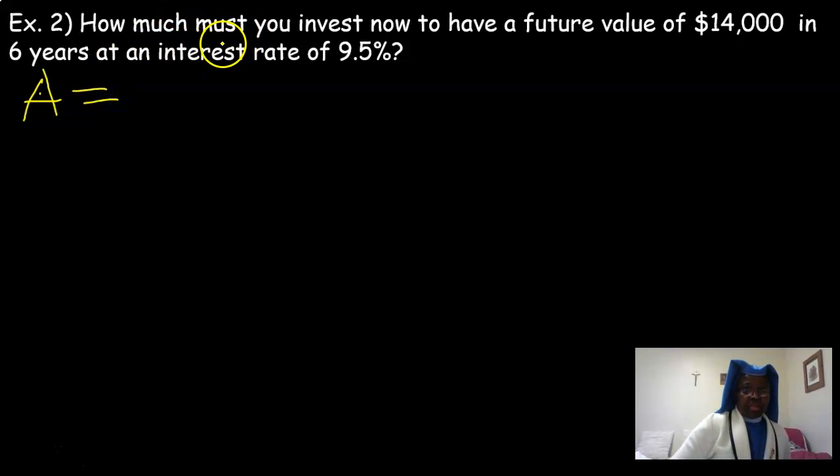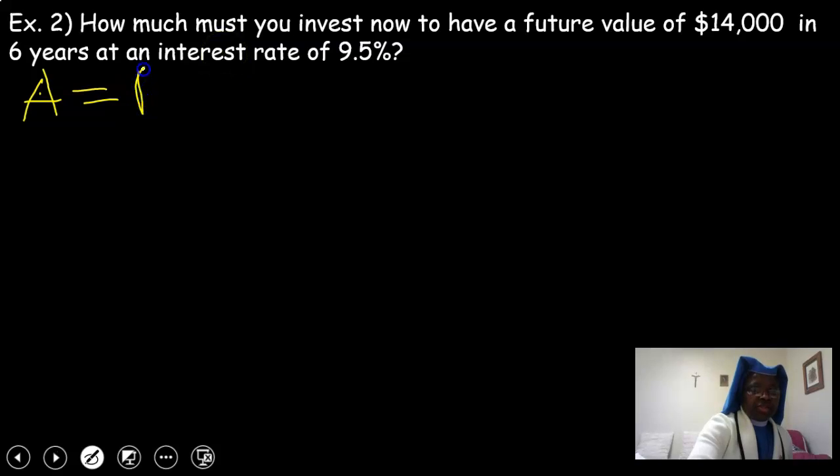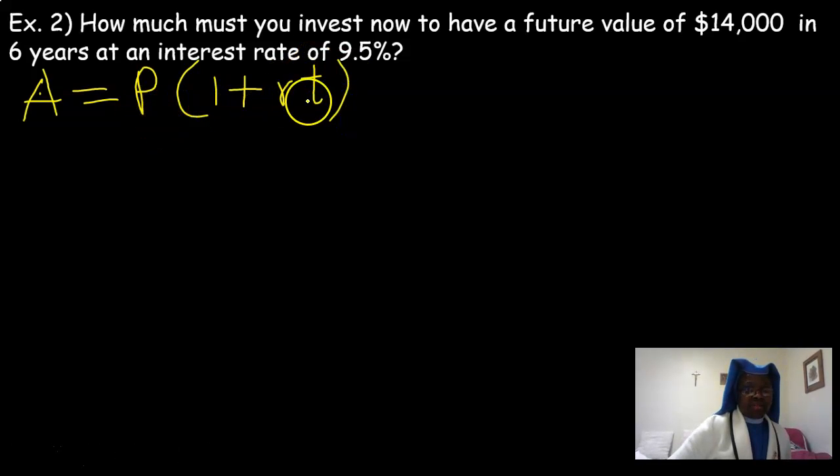Since we are looking for the principal, it might be easier to just use the simplified version of the final value formula, where the principal is factored. I see that as easier because P is one number, but when you're looking for rate and time, it is kind of easier to use the distributed form.